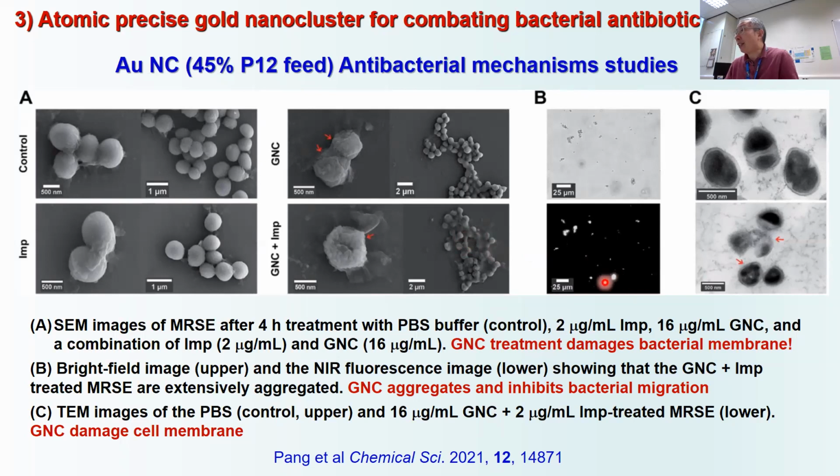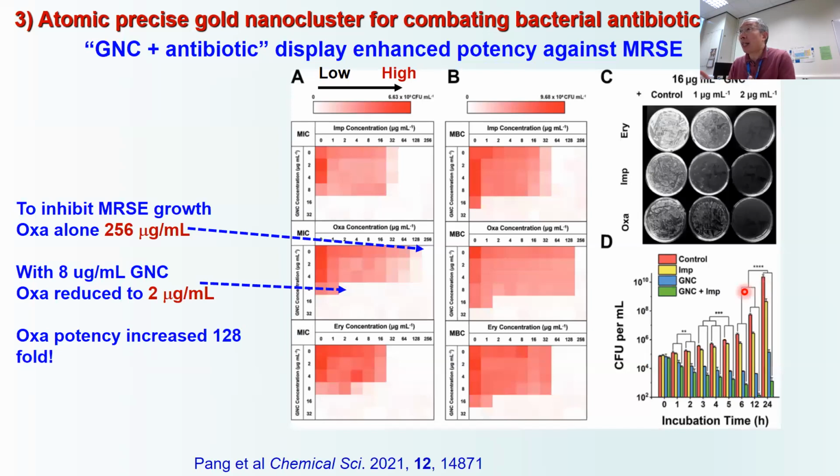We can also use the fluorescence of the gold cluster itself to monitor the mechanism as well. And the TEM images also show it is really disrupting the membranes. Because of the disruption of the membranes, that should allow these antibiotics to diffuse much more easily.